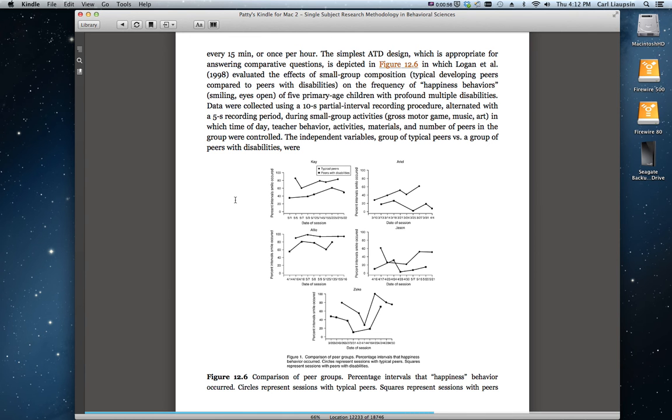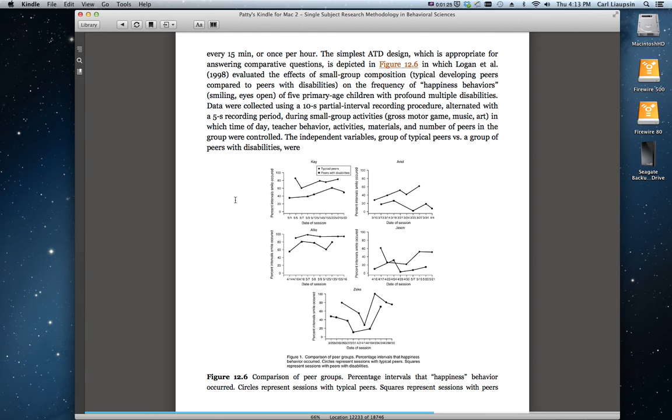It was percentage of intervals in which happiness behavior occurred, which I think is percentage of intervals with smiles. So they were measuring the smiling behavior of these students when they were with either typical peers or with other peers with disabilities, right?